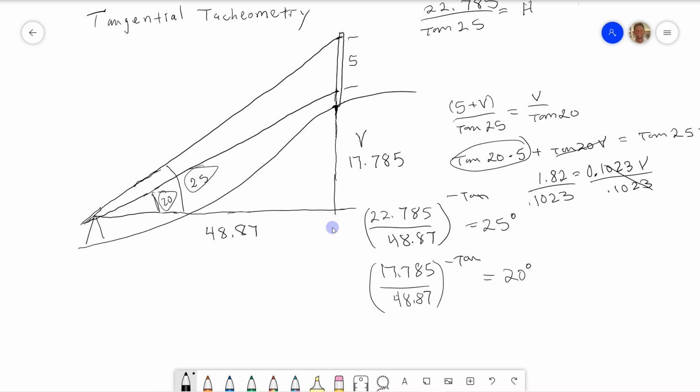You're just looking for the horizontal distance and the vertical distance, and then you would take the vertical distance and subtract this. This is the number that we did, right? So the hill's here, and we actually got this dimension. That's that 17.785 from here to the instrument, instrument height.